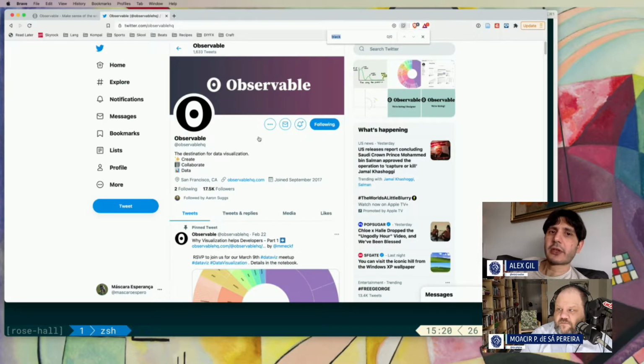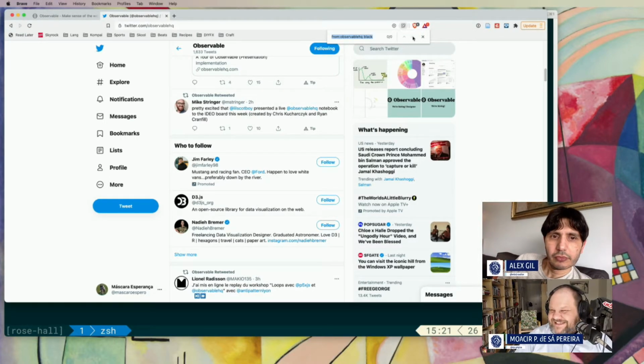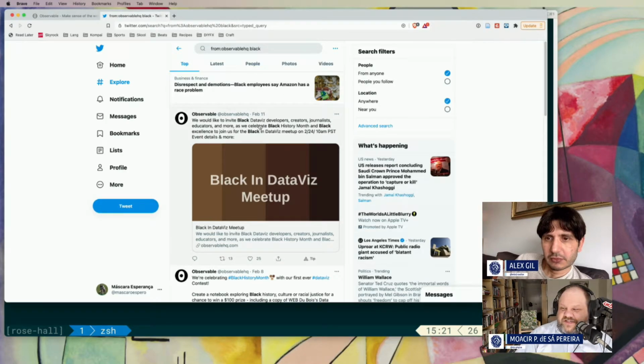Very cool. I might be able to find this rather quickly here. Observable HQ Black. Oh, that's not it. I am tired. This isn't the Twitter search box. This is the Twitter search box. There we go. Black in Data Viz. That's what it was. It was a meetup, 2 days ago.